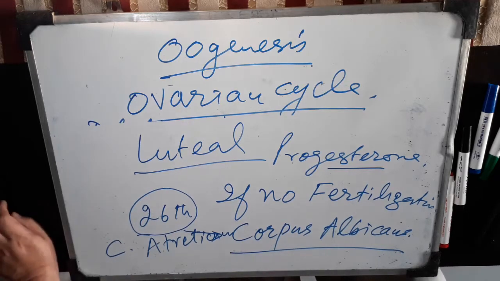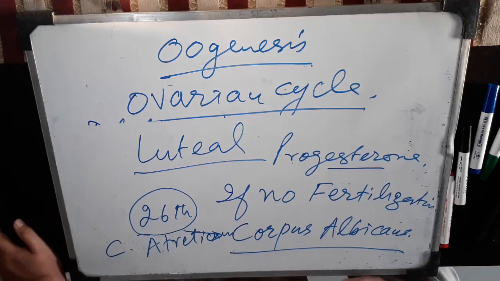These cyclic changes continue up to the age of menopause, when there is no ovarian cycle, about 45 to 50 years.